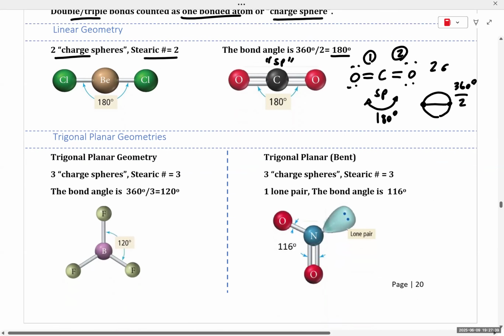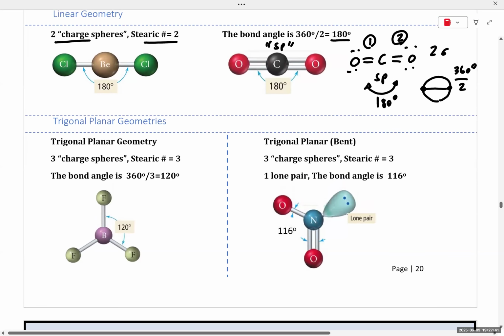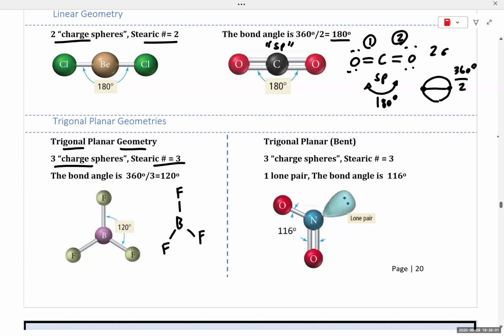Let's take a look at some trigonal planar geometries, and let's note the impact of a lone pair on the bond angle. So the trigonal planar geometry corresponds to 3 charged spheres, or a steric number of 3. For example, in BF3, as you can see, we have 3 bonded atoms attached to the central atom. Another way to think about it is that boron is forming 3 sigma bonds.